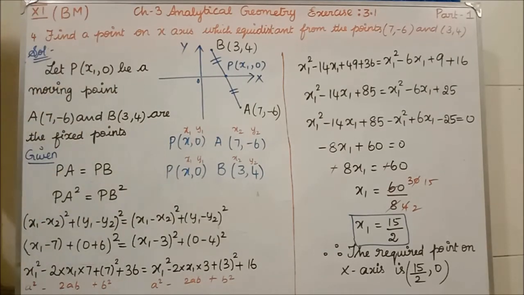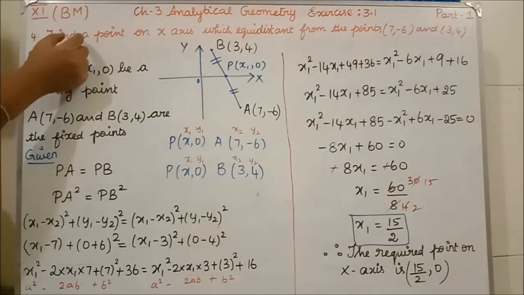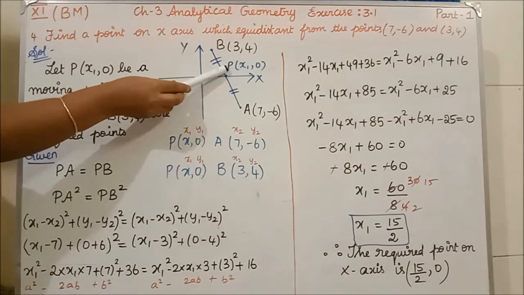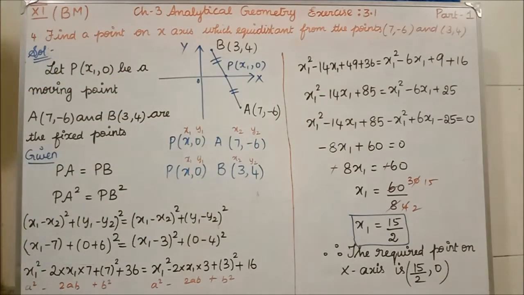See, they have given two points, we have to find one point, and that point is lying on the x-axis. Whenever a point is lying on the x-axis, the y will be 0, isn't it? So the point I am taking is P x1, 0.